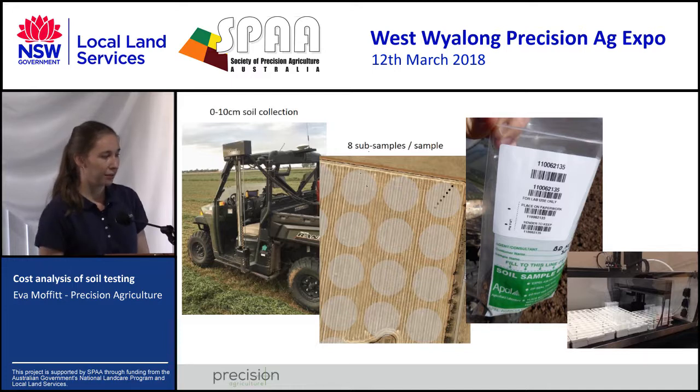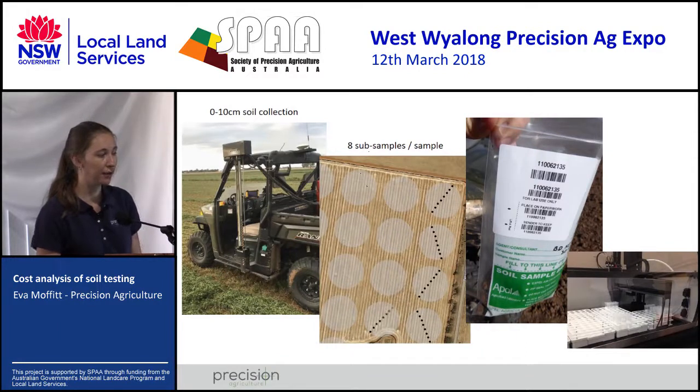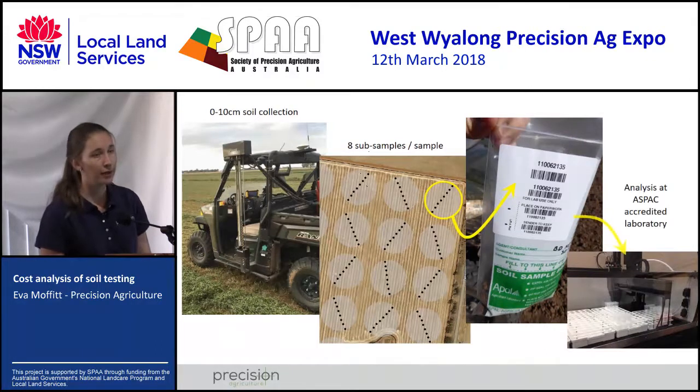We take 8 subsamples per sample, so the field technician will have that sampling plan loaded up on their GPS in the bike. They'll go to the start of the mini transect and collect their 8 soil samples. Those go into a bag which is barcoded, scanned and sent to the laboratory for wet chemistry analysis.